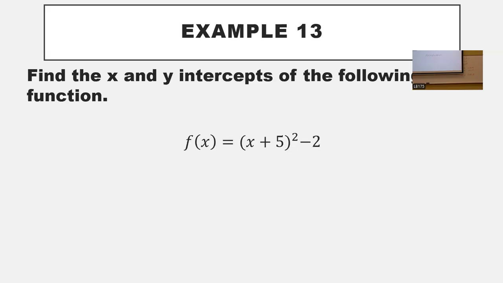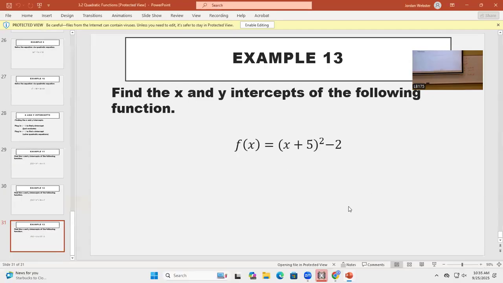That could have been expanded and rewritten, and it would be a polynomial function. So all of the quadratic functions we are looking at are examples of polynomial functions. All of the linear functions are also examples of polynomial functions.